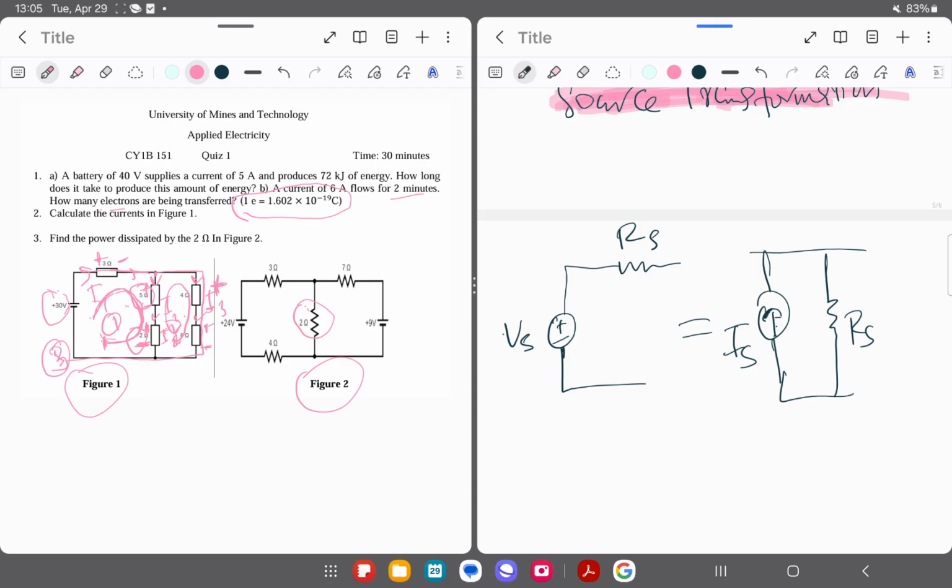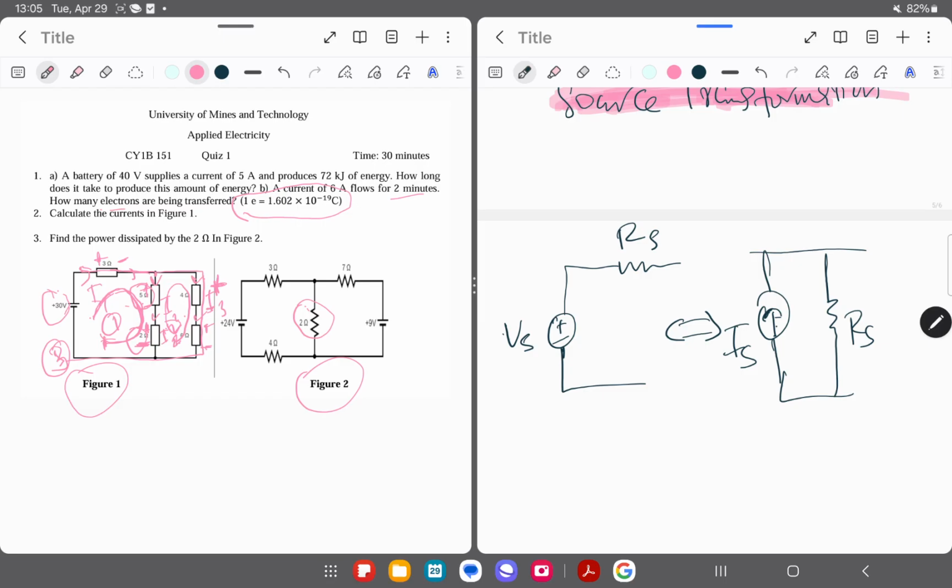So if you have a voltage source in series with a resistor, you can transform it to a current source in parallel with the same resistor. And it's vice versa, meaning if I have a current source in parallel with a resistor, you can transform that to a voltage source in series with a resistor.